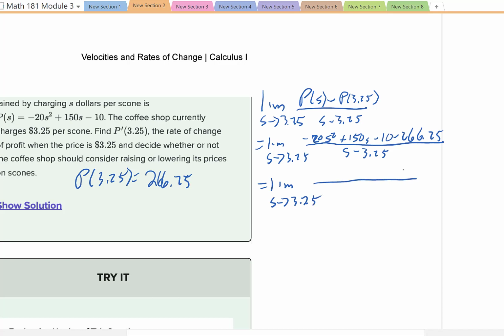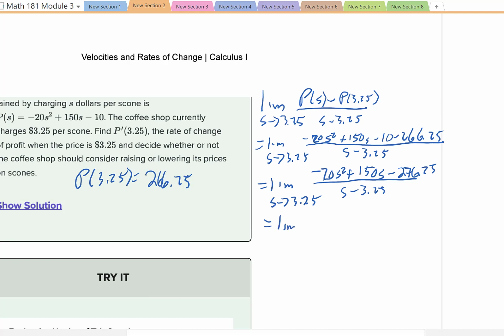And that'll simplify to be negative 20s squared plus 150s minus 276.25 over s minus 3.25. And if I factor out the numerator, I'm going to factor out the negative 20.